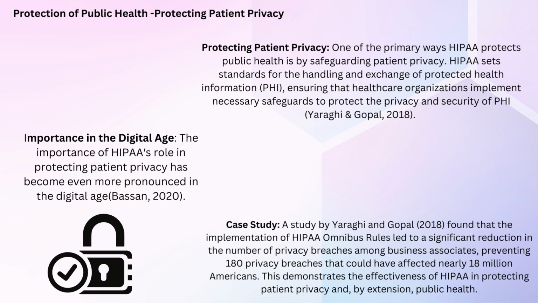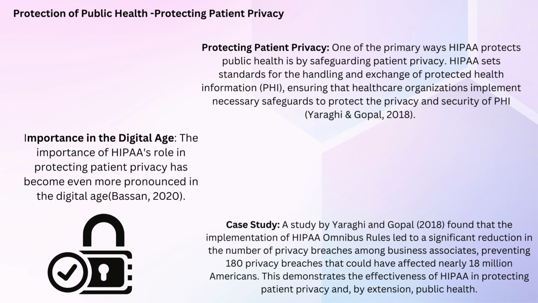Protection of public health, protecting patient privacy. One of the primary ways HIPAA protects public health is by safeguarding patient privacy. It sets standards for handling and exchange of PHI, ensuring that healthcare organizations implement necessary safeguards to protect privacy. This includes limiting the circumstances in which PHI can be disclosed without patient consent.